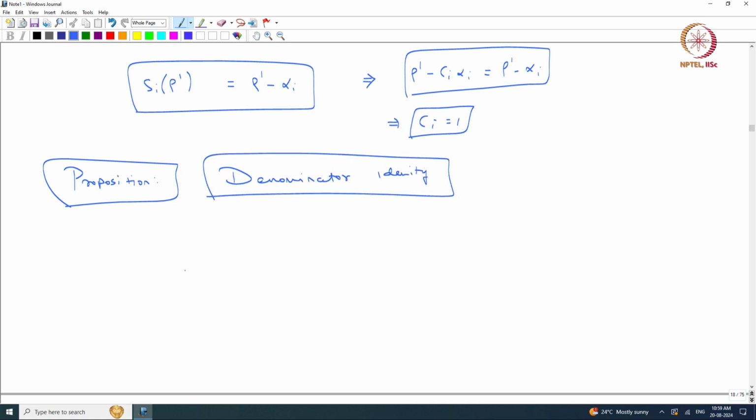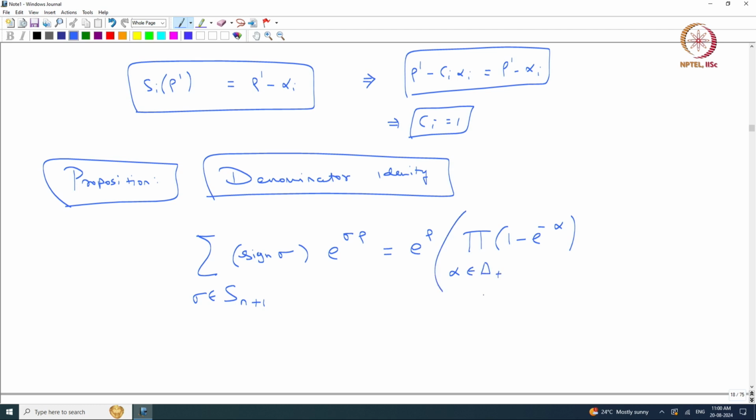So, the denominator identity says that if I take the summation of sign of sigma times e to the power sigma rho, where sigma runs over the symmetric group, the Weyl group, this is exactly equal to e to the power rho times the product of 1 minus e to the power minus alpha, where alpha comes from delta plus. Okay. So, this is something we will prove later.